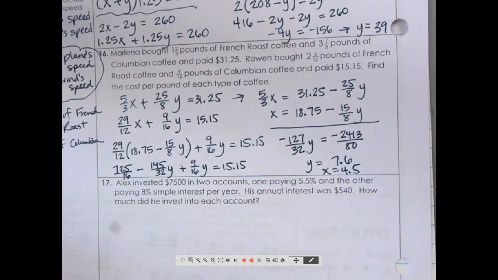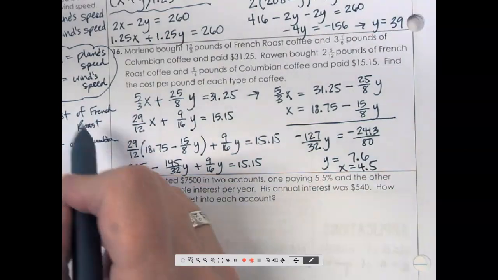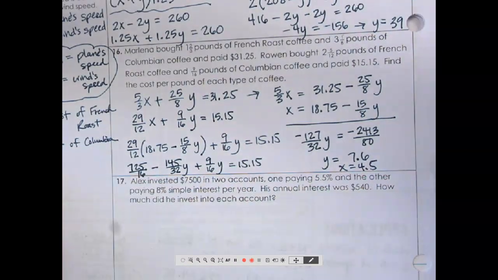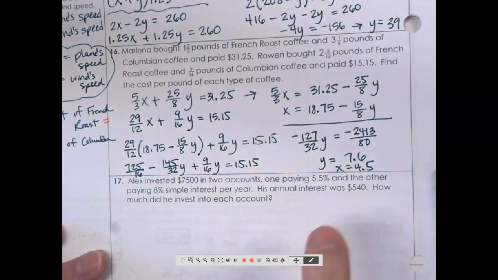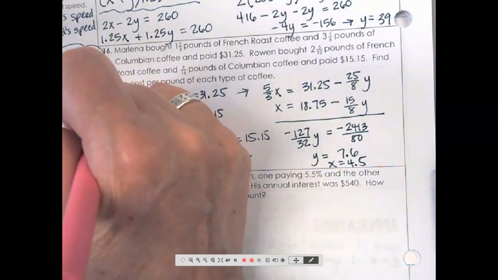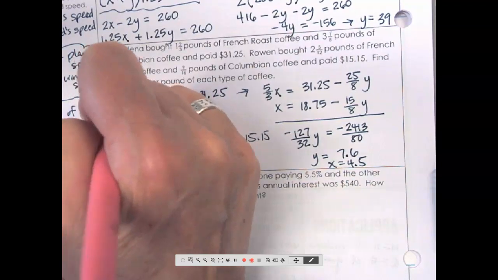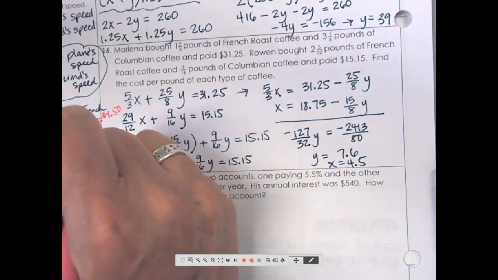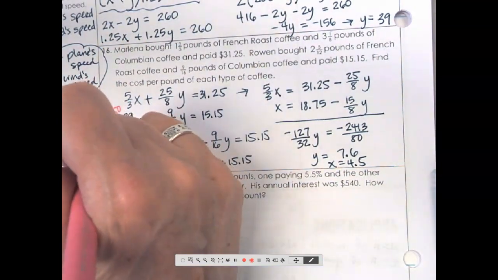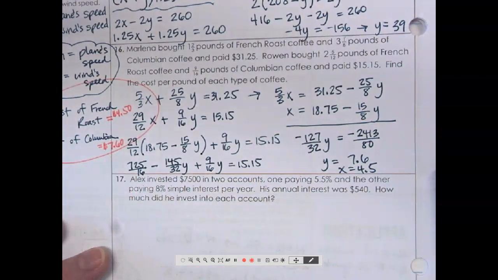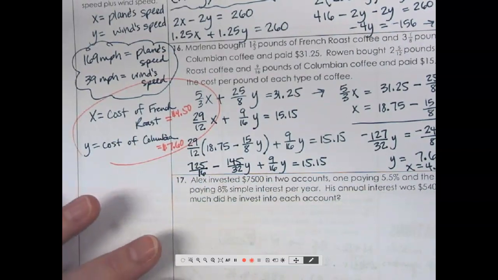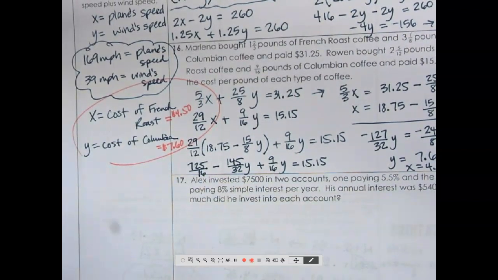Okay, so cost of French roast is, I've used up all my space, so I'm going to write this right here. $4.50. And cost of Colombian is $7.60. That's my answer. Ooh, messy.